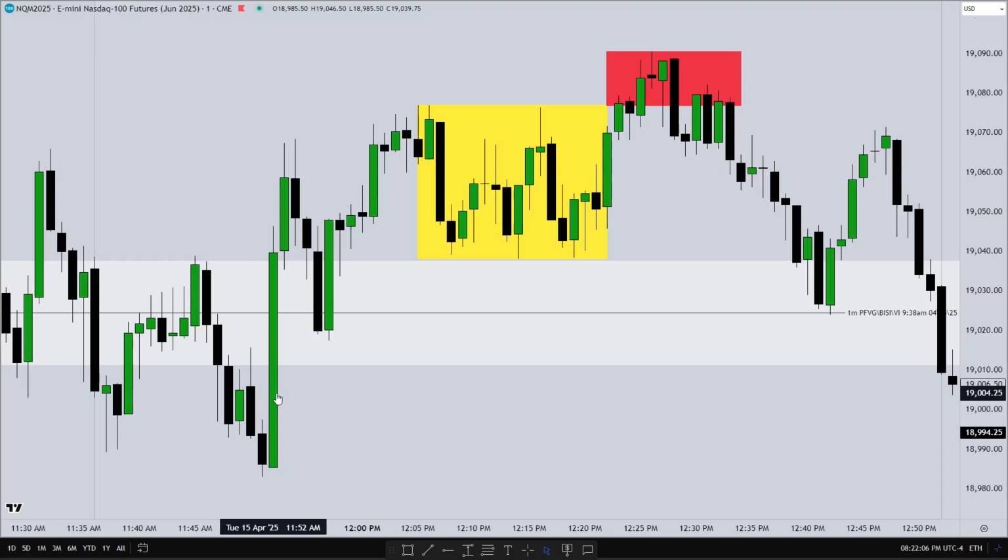So there's always sellers and buyers, meaning that there's always people in the marketplace who are short, and there's always people in the marketplace that are long.